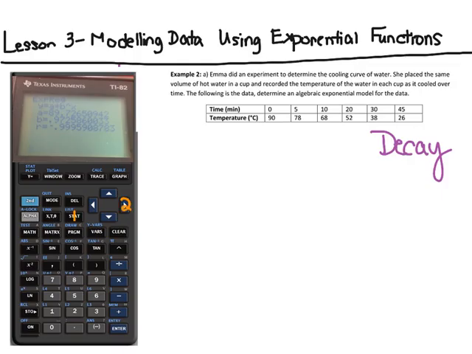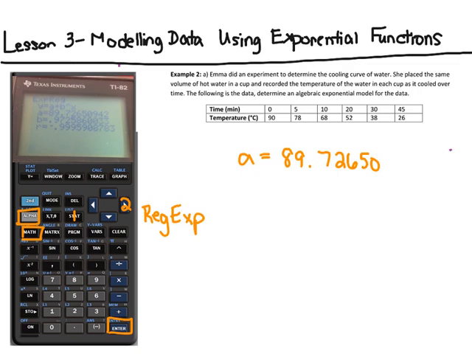We want to hit stat, calculate, and then you can hit alpha A, or you can go all the way down till it says regexp and push enter. So either or works, and you'll get A to be 89.72650942, and you get B to be 0.97258600033.